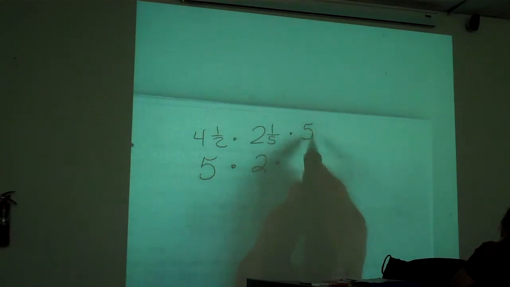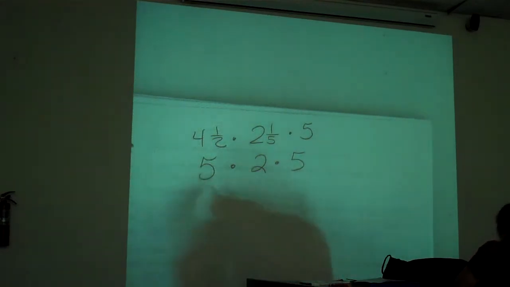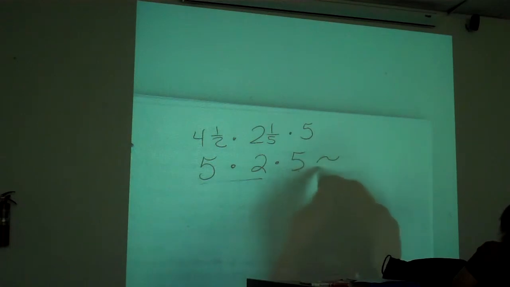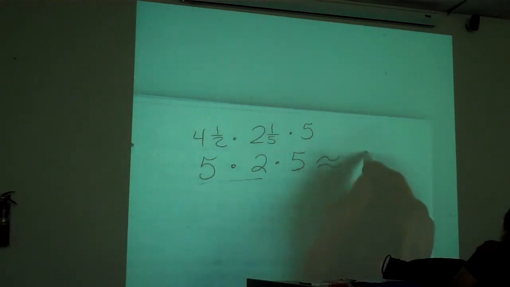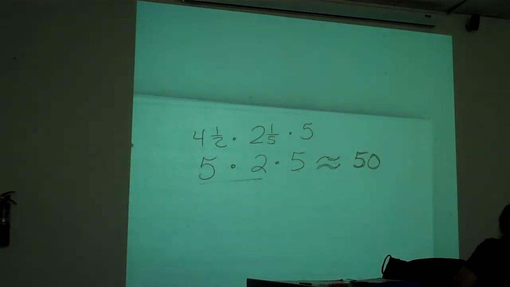And then that is already a whole number, so if it's already a whole number, you just leave it. So it's 5 times 2 is 10, 10 times 5, our little squiggle for approximately 50. That's our estimate. It should come close to 50.